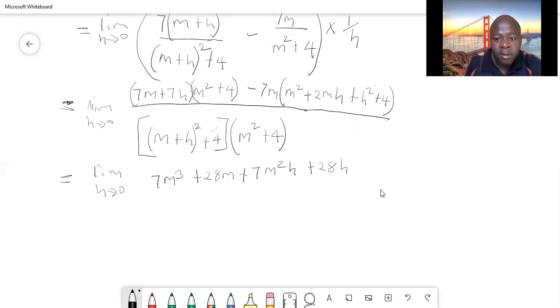Coming to this, we have minus 7m cubed, and then there we have minus 14m squared h, and this one you have negative 7mh squared, and this one you have negative 28m.